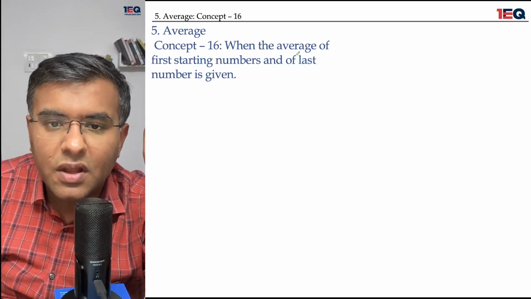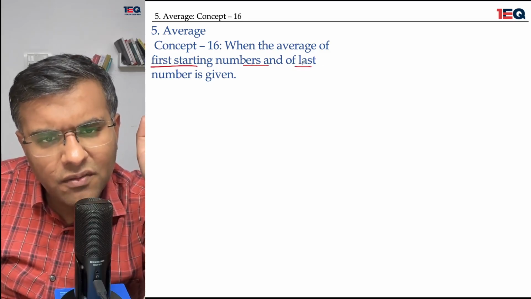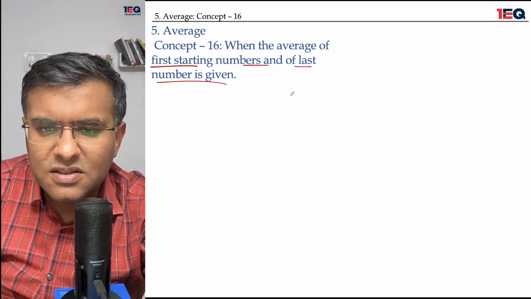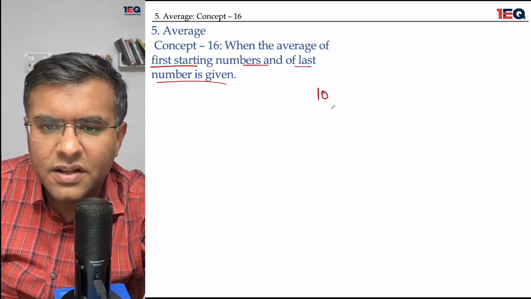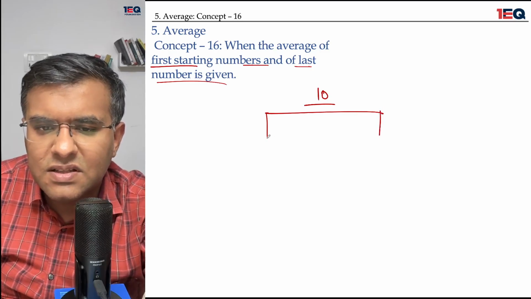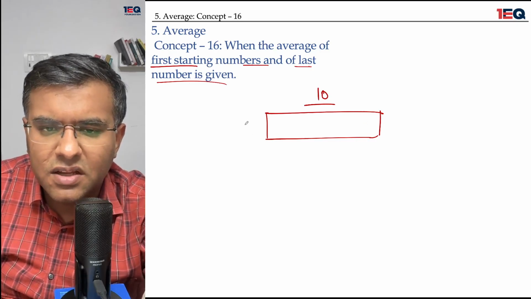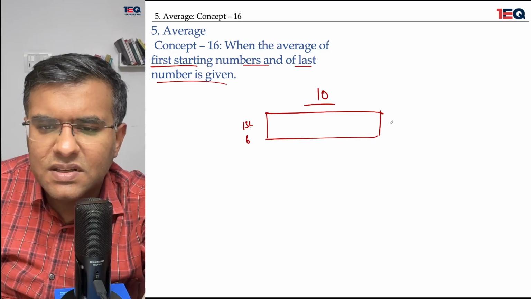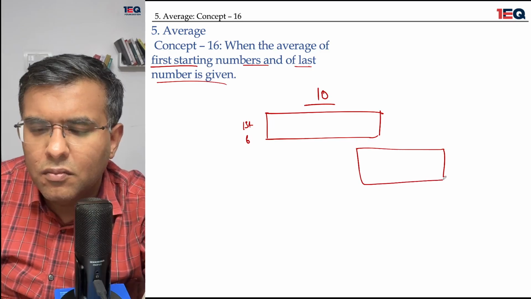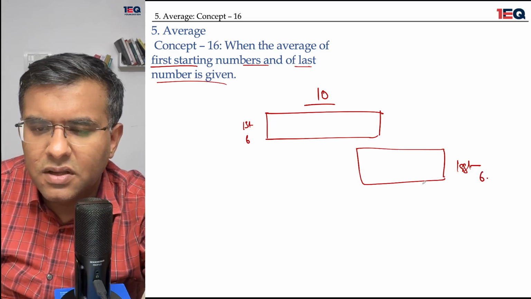This is done. Now, when the averages of the first few numbers and the last few numbers are given, in such a situation, let's assume that there are 10 numbers. Let's assume the first six numbers are given and the last six numbers are given.